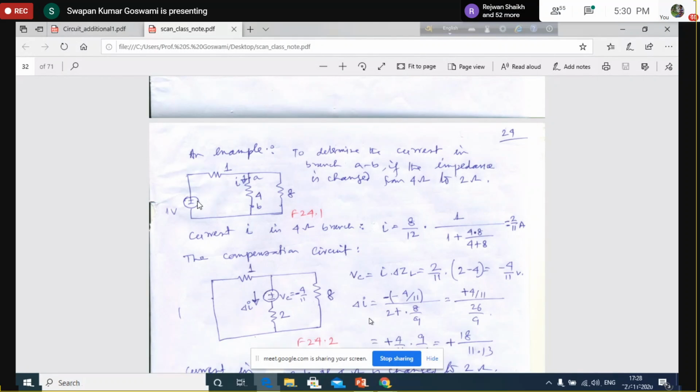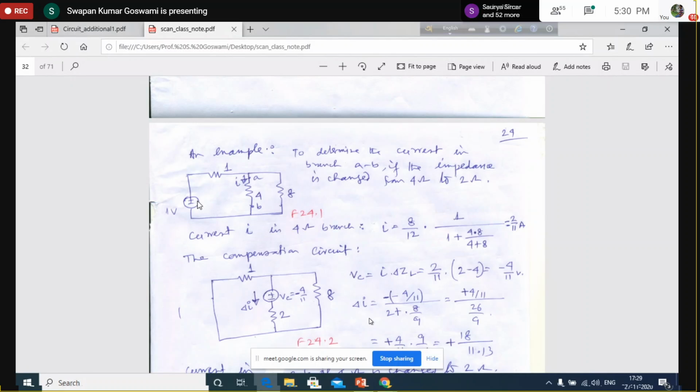And a network where you can change the position of the source and response without any change in the value of the response, if there is no change in the value of the source, is known to be a reciprocal network. And this is the reciprocity theorem.